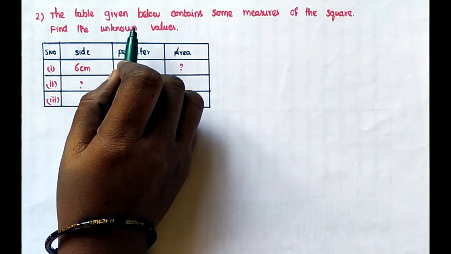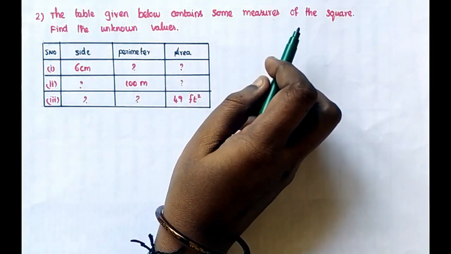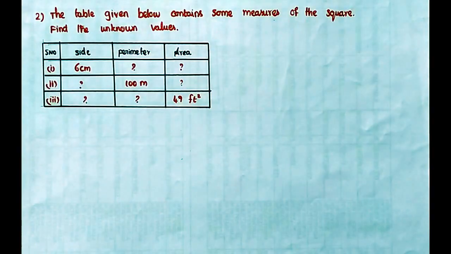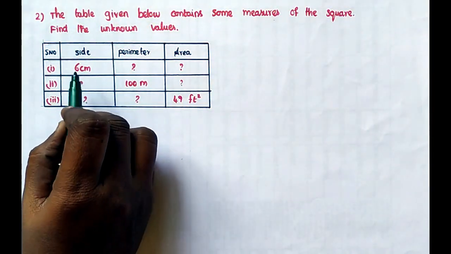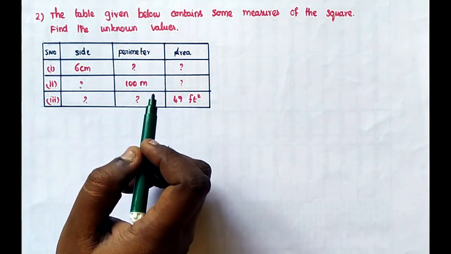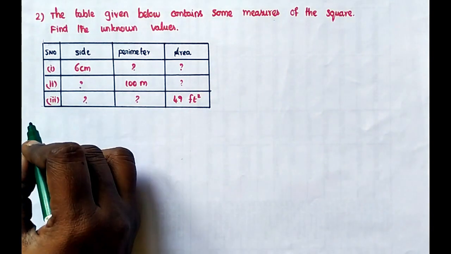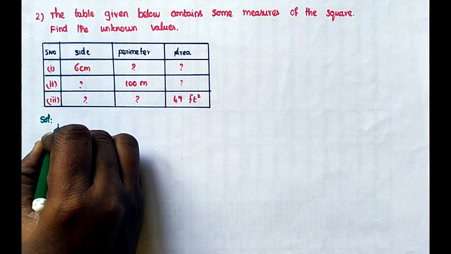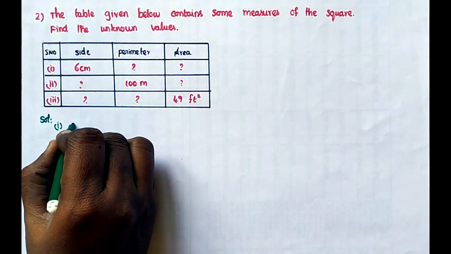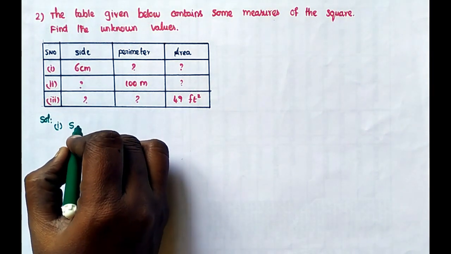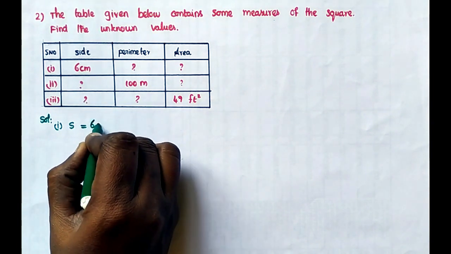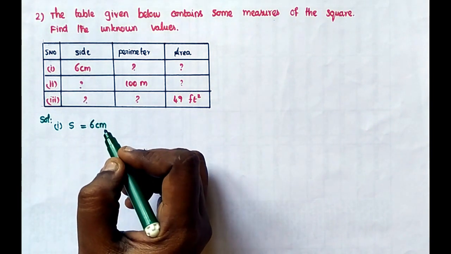Second sum, the table given below contains some measurements of the square. Find the unknown values. Listen, they given side, perimeter and area. First, side S equal to 6 centimeter.